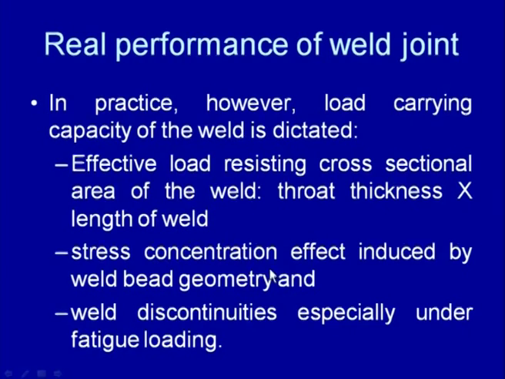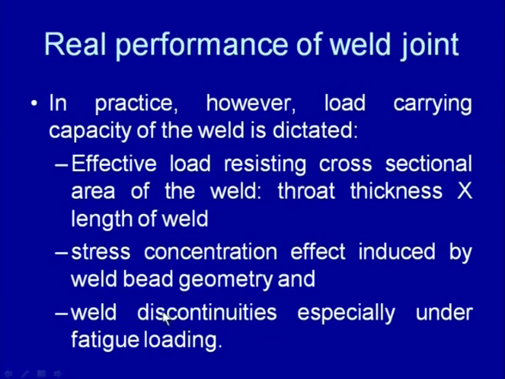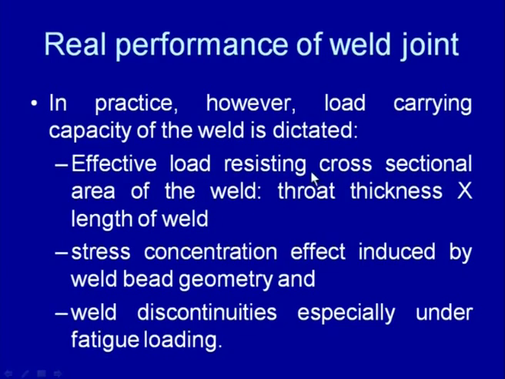Further, if any stress raisers are present, either due to the weld bead geometry, partial penetration, or some defect, then the stress raisers will have their effect on the real performance of the weld joint, and the weld discontinuities will also significantly affect the mechanical performance under fatigue load conditions. So, not just the weld metal properties, but the weld cross sectional area, the presence of stress raisers and the discontinuities in the weld dictate the tensile as well as the fatigue load performance of the weld joint.